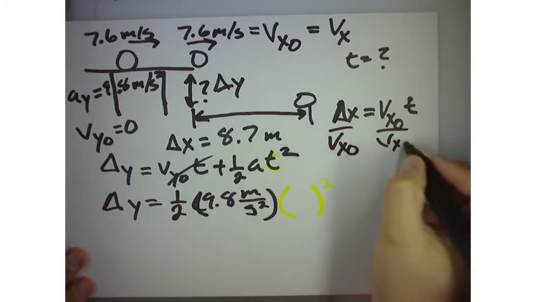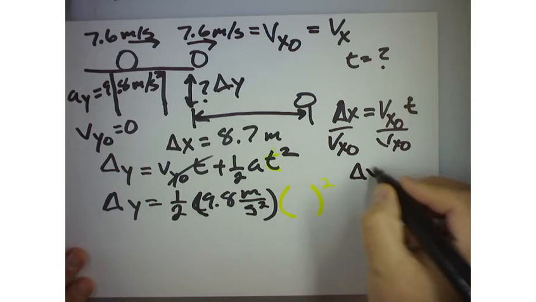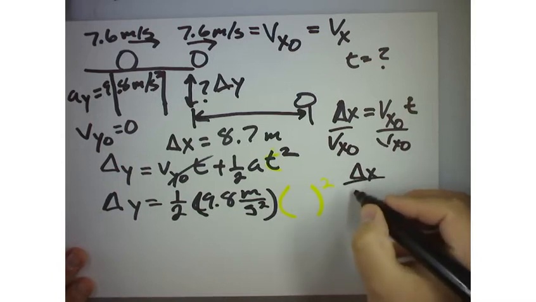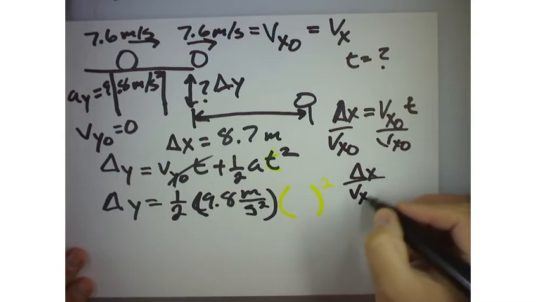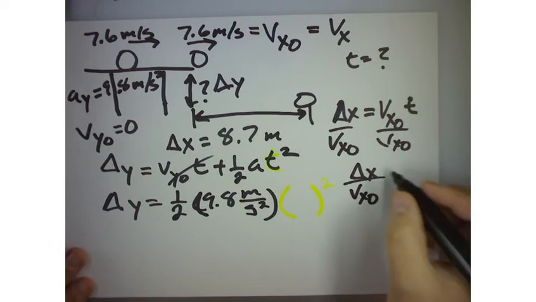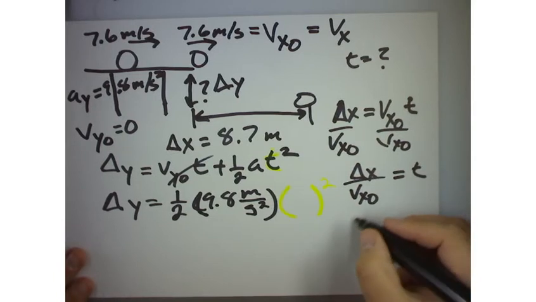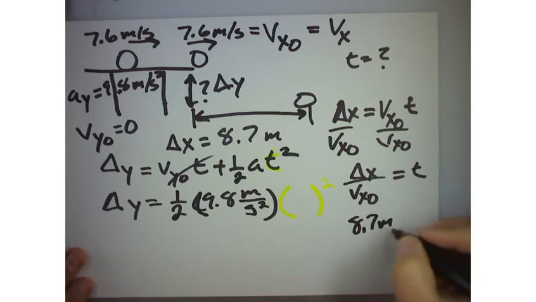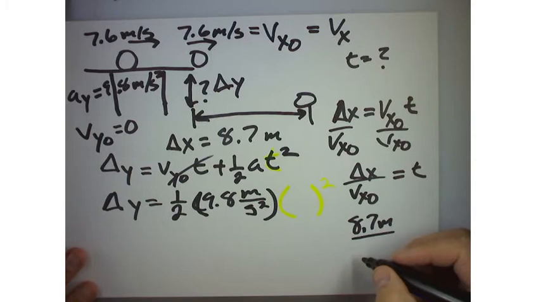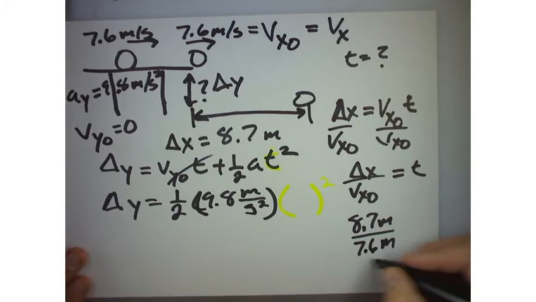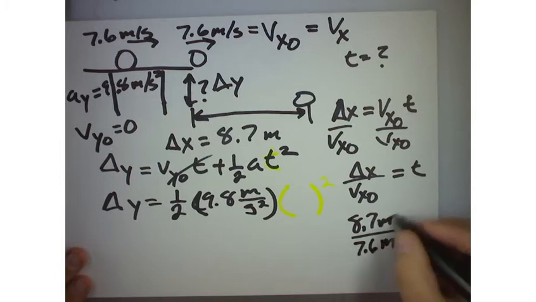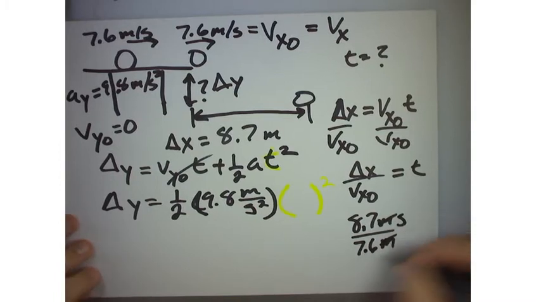Let's rewrite that equation so we say that delta x is equal to the initial velocity in the x direction times time. Well, wait, don't we know these numbers? So couldn't I say 8.7 meters divided by 7.6 meters per second? Now where does that second go? Yeah, these will cancel and that second comes up on top. And so that's my time.